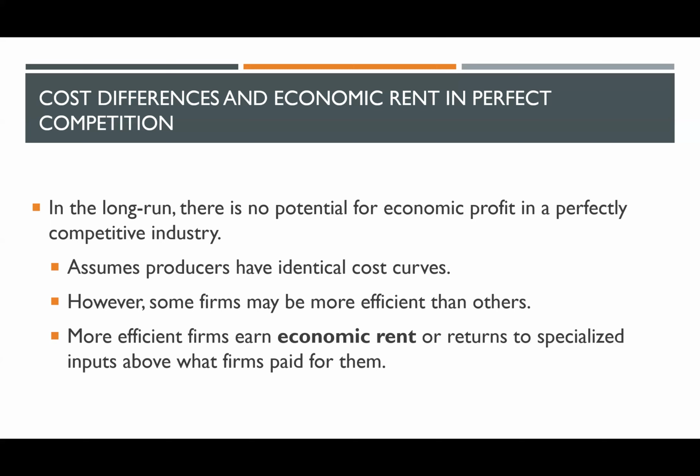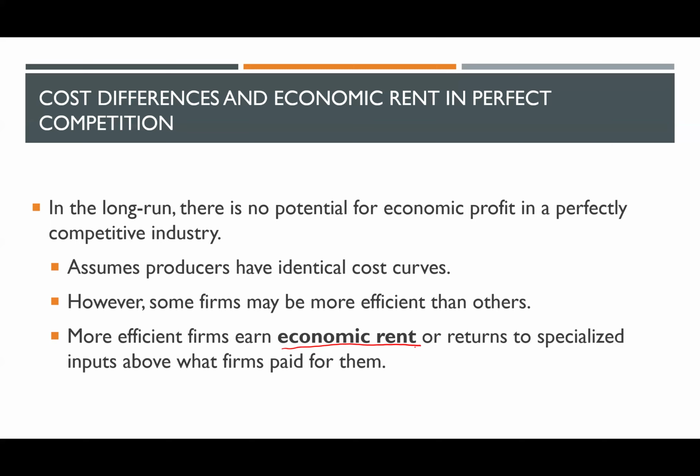In this case, where we do have firms that have different cost curves, where they're able to produce at a cheaper cost than their competitors, those more efficient firms are able to earn what we call economic rent. We define this as returns to specialized inputs above what firms paid for them. For instance, if the workers in Dalton, Georgia, who are hired by those carpet companies are paid the same wage as workers in, say, Arizona who don't have that training but are still producing carpet, those firms are enjoying a much more highly productive labor input.